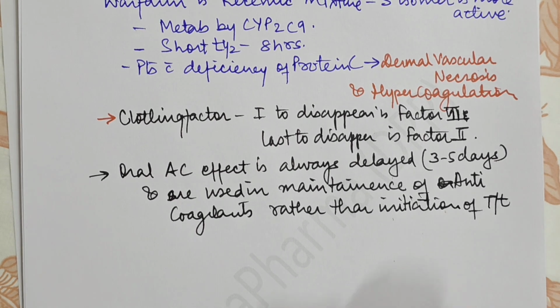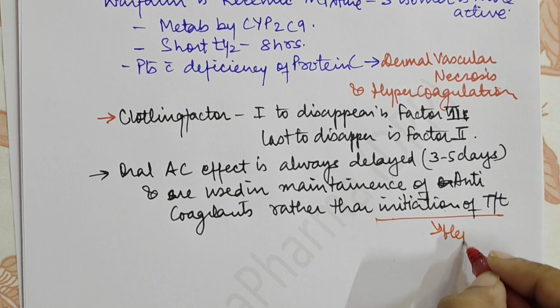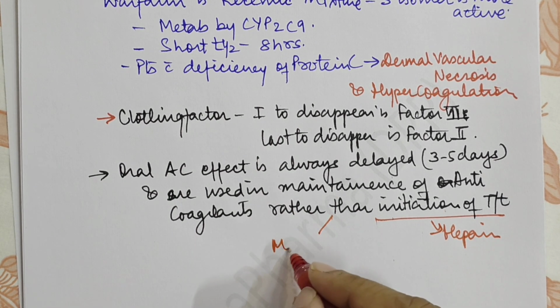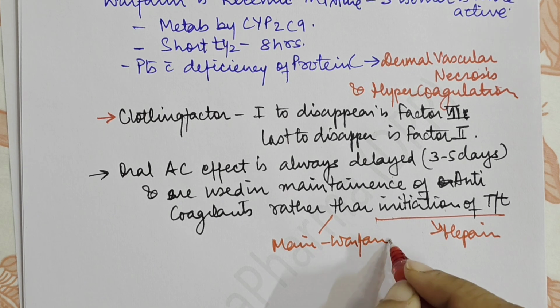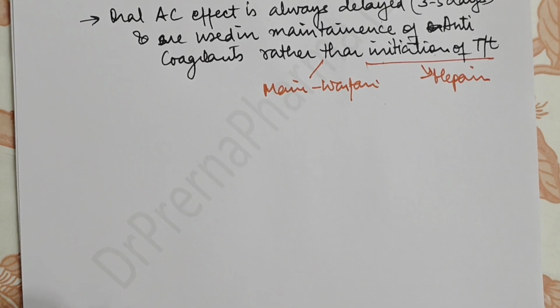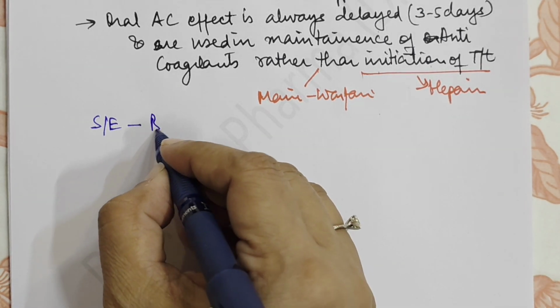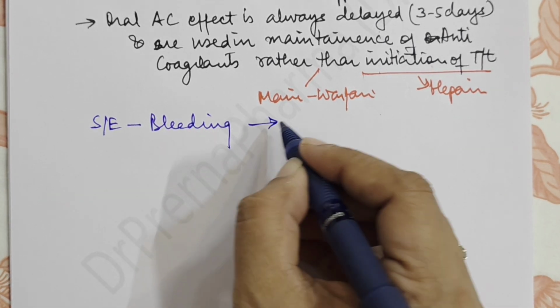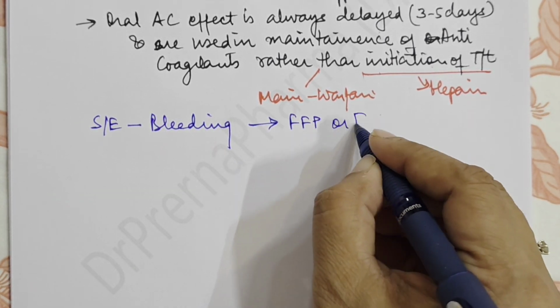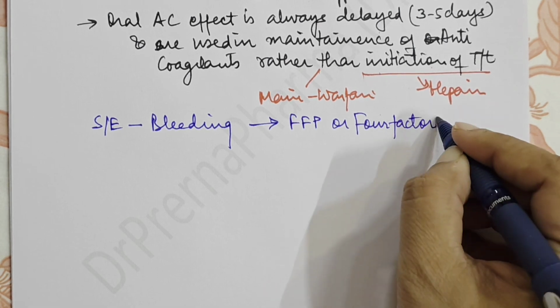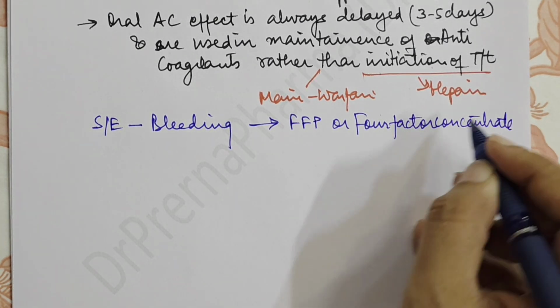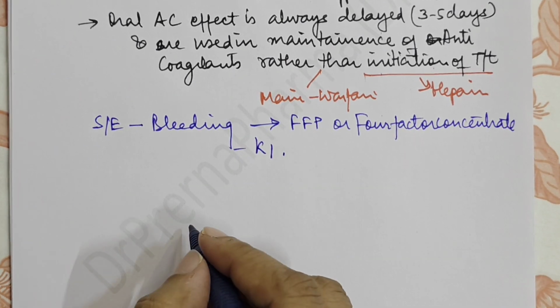Remember, initiation of treatment is always done by heparin or heparin products, and maintenance is done by warfarin. Then the most common side effect of warfarin is bleeding. Whenever there is bleeding due to warfarin, use fresh frozen plasma or 4-factor concentrate. The most specific antidote is vitamin K.